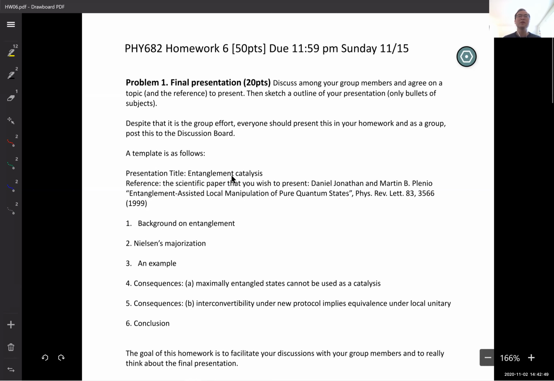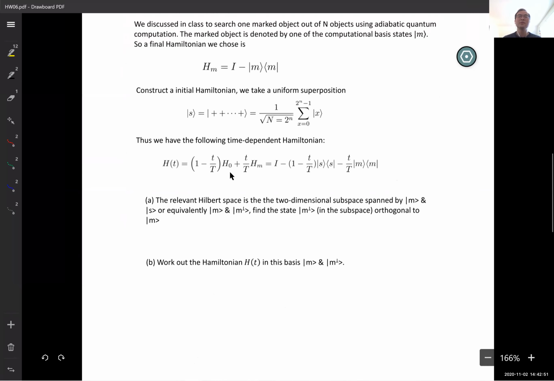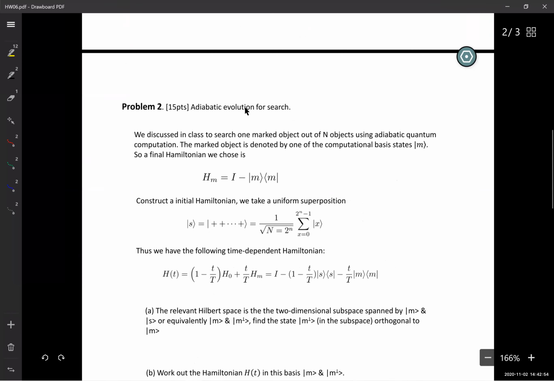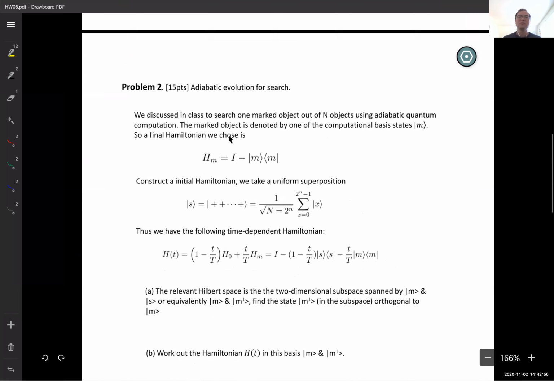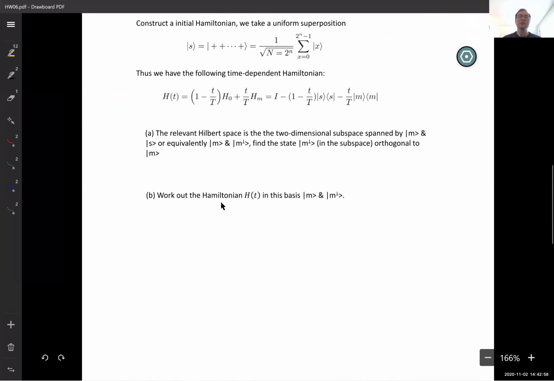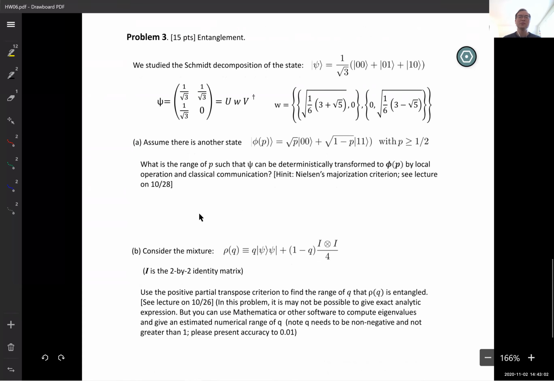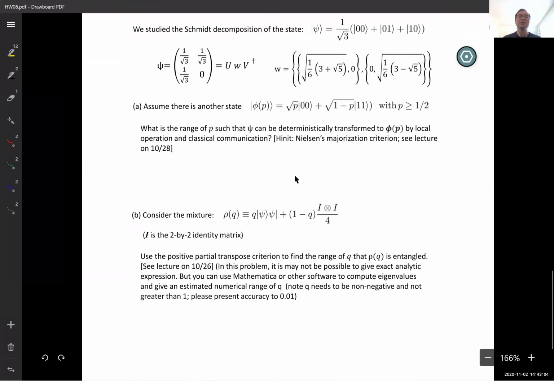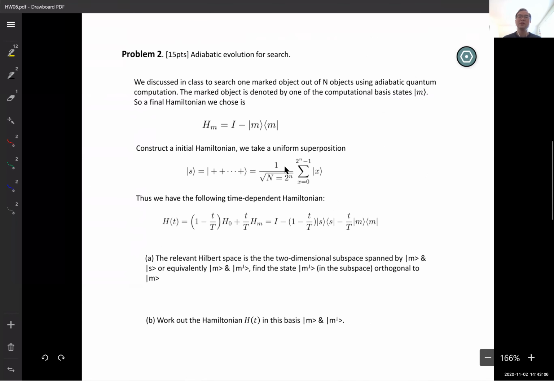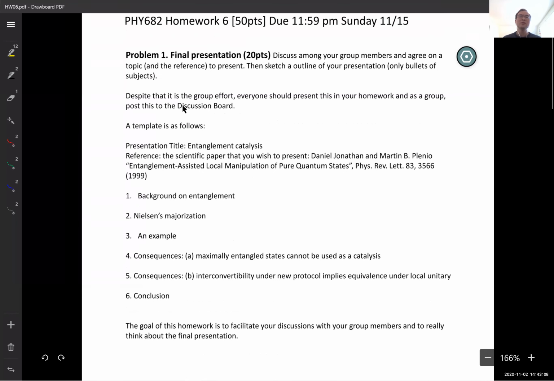Regarding this homework, there are 2 more problems just for you to refresh, for example the adiabatic evolution that we talked about, and then some entanglement, Schmidt decomposition, PPT criteria, etc. But I think the most important is this one.